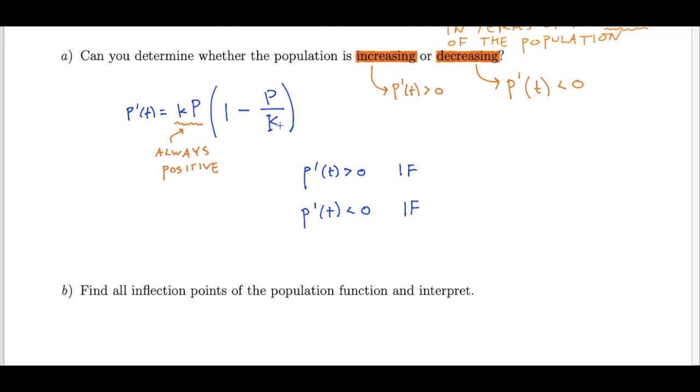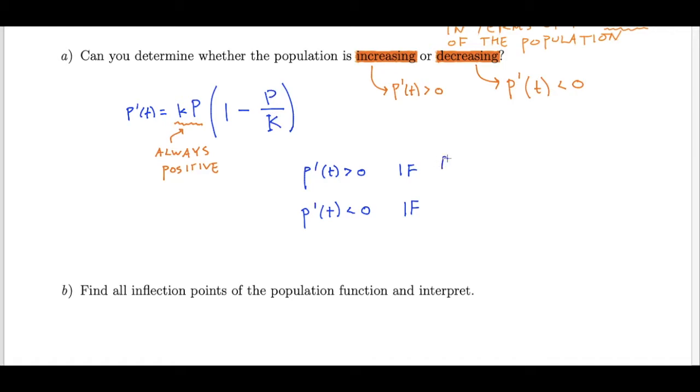And so this overall expression will be positive if this fraction is less than 1. I'll have 1 minus something smaller than 1. So this overall expression will be positive if this fraction is less than 1.